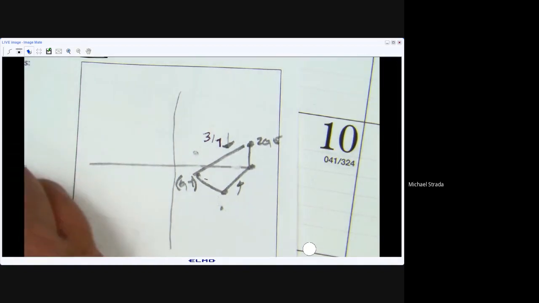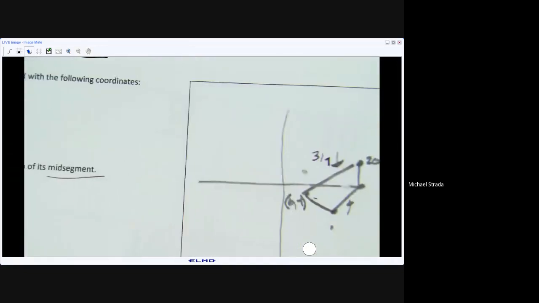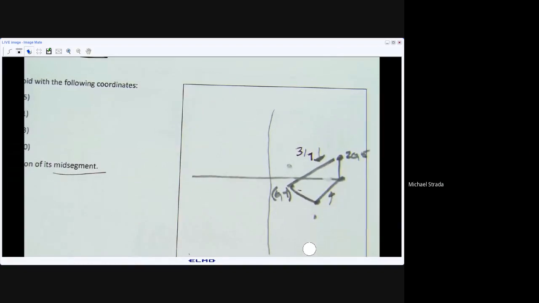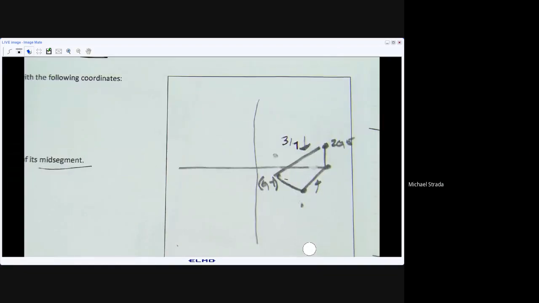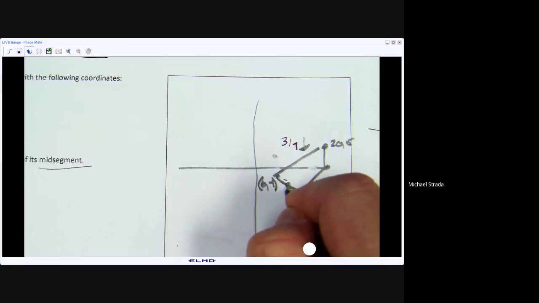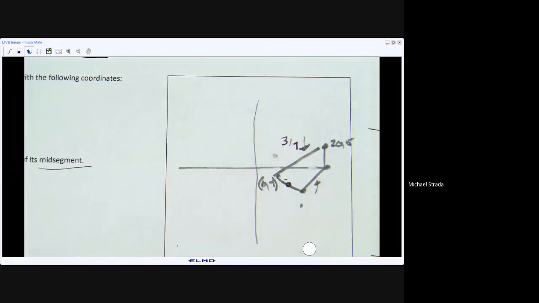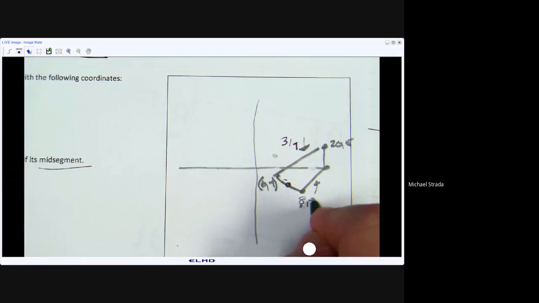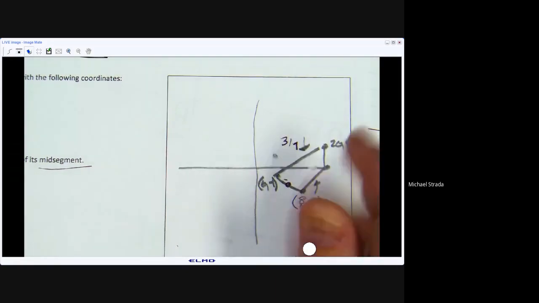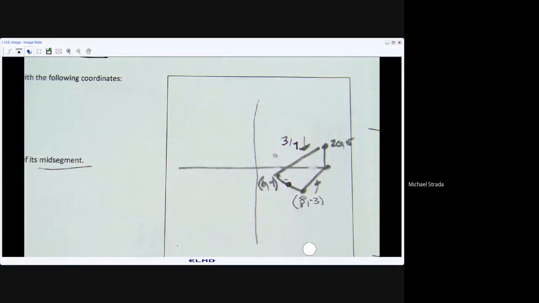Now, recall the midsegment is the segment connecting the midpoints. All right. So let's say I get one midpoint. This point would be 8, -3. All right. 6 plus 8 is 14.